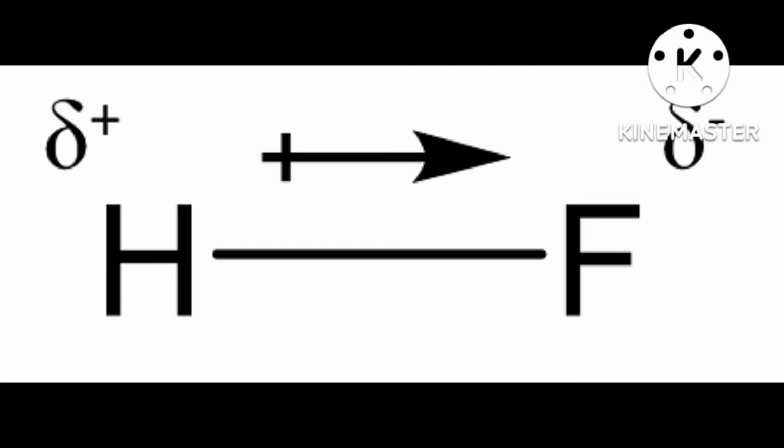The positive end, meaning the tail, will be near the oxygen, and the arrow will be far. On that side nothing is there. That is the resultant. It is telling only about the direction. That is called the resultant dipole moment.